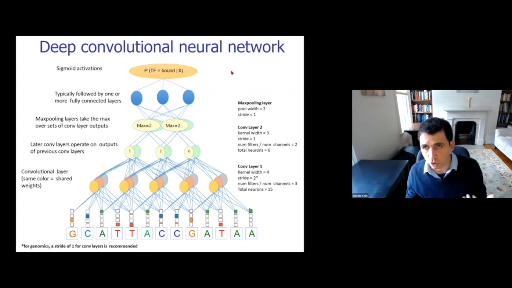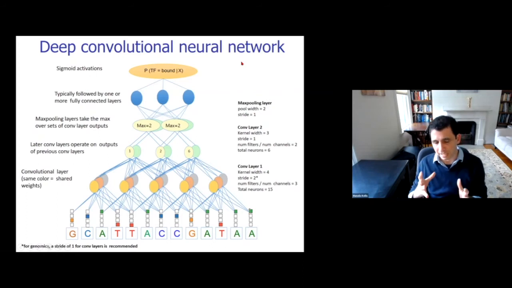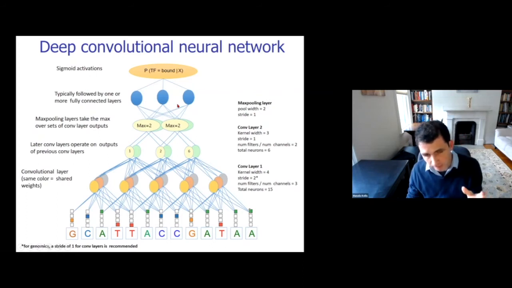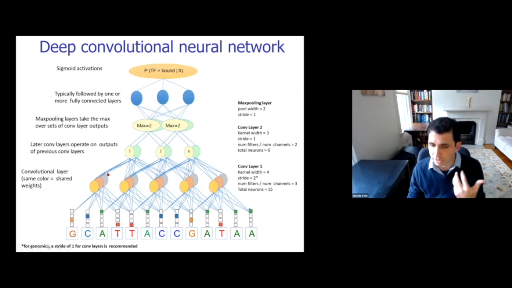What deep convolutional neural networks are doing for genomics is exactly the same thing. They're basically saying, I'm going to learn hidden representations that are shared across my genome. And those hidden representations are in fact learning the language of DNA directly.